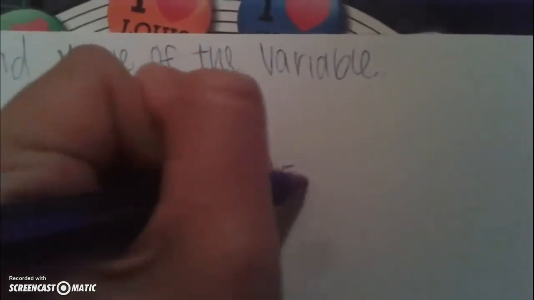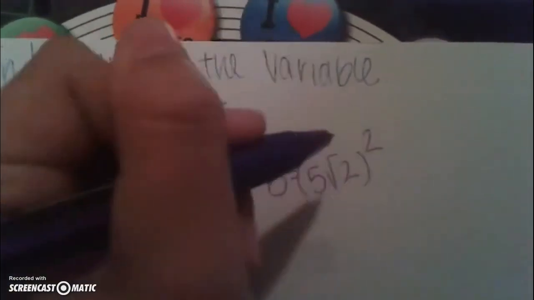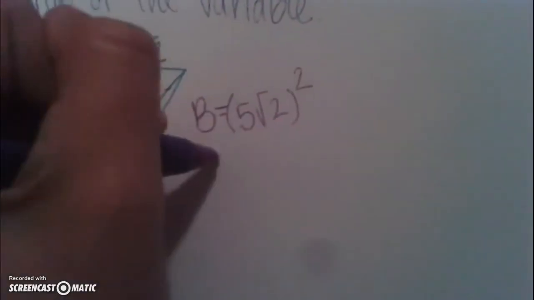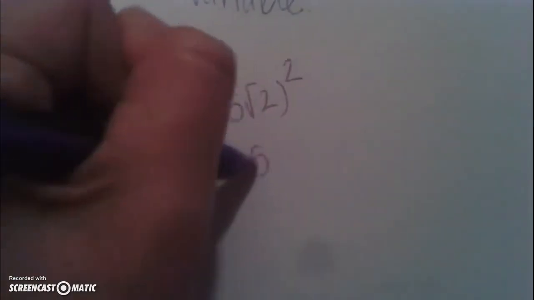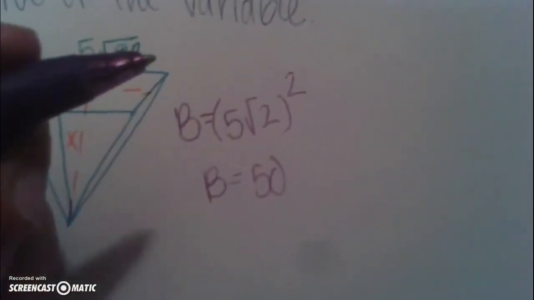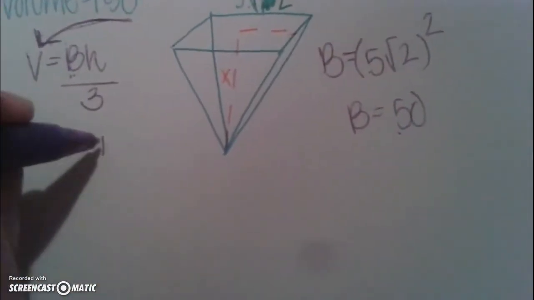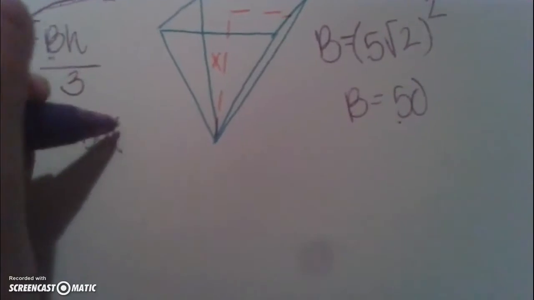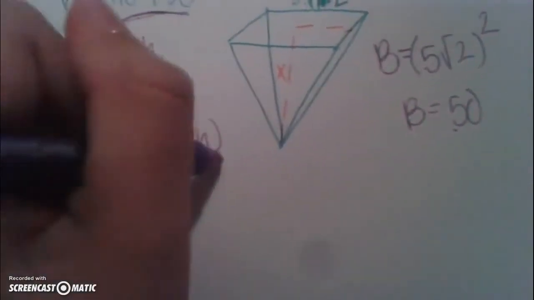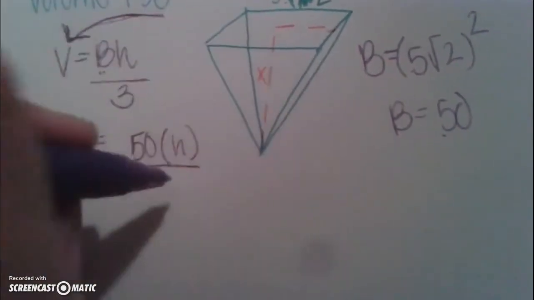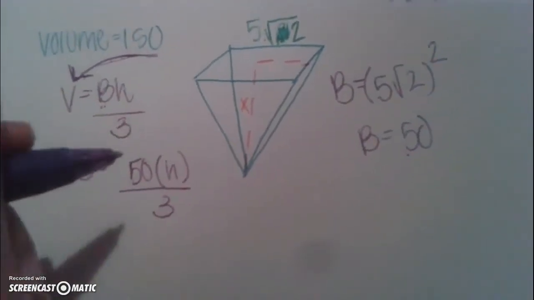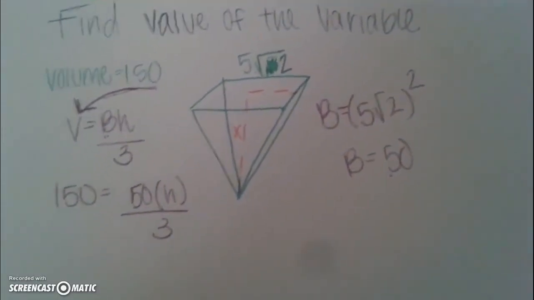So B equals 5 root 2 squared, and we know that gives us 50. Then we plug that in, so we do 50 times h, because that's what we're looking for, and divide it all by 3.